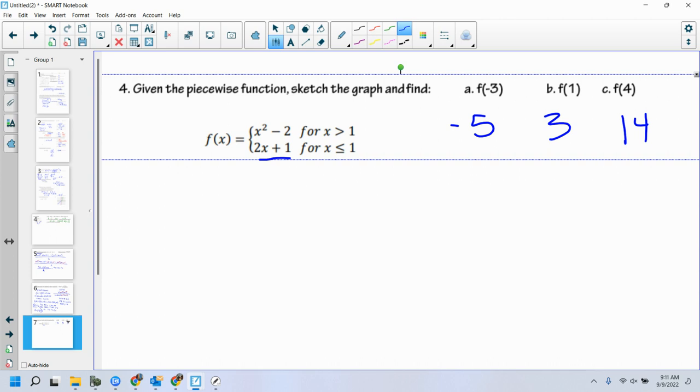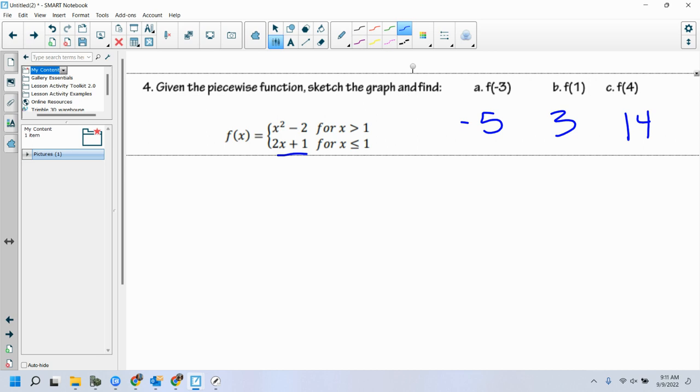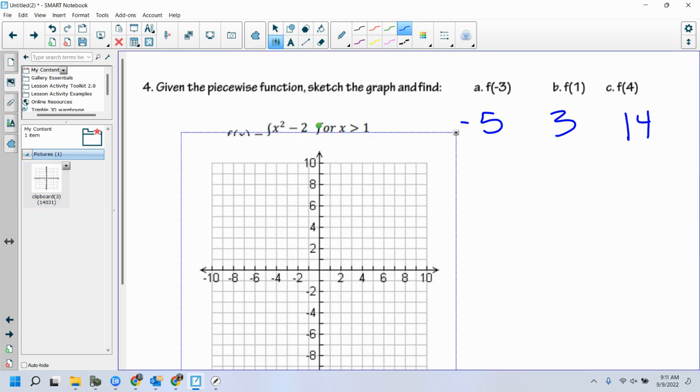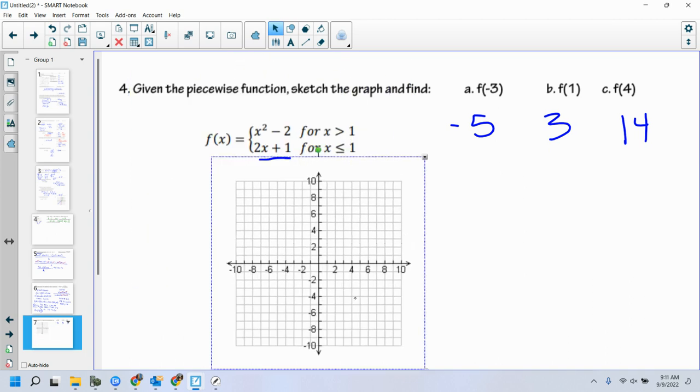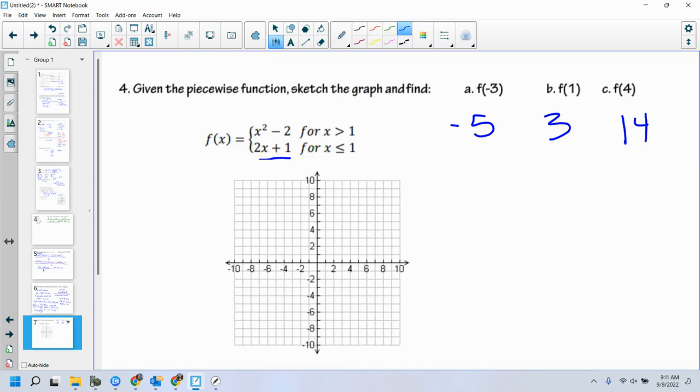Questions on those? Okay, let's sketch it now. I think I pulled over a graph. Yeah, there we go. Okay, so again, I know the breaking point is at positive 1. That's where the line is going to change. I know that on the right side, for x greater than 1, it's going to be x squared minus 2.